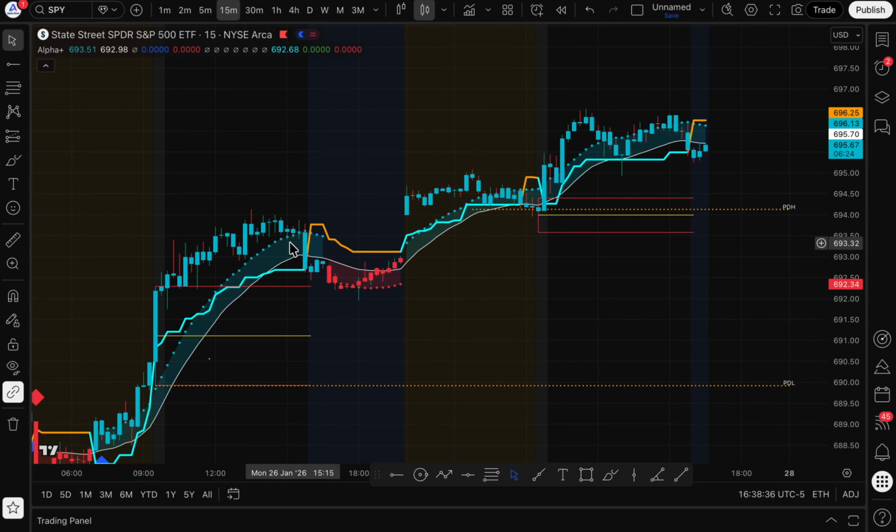I went over my strategy that I look for every single day. If I don't see that strategy, I usually don't take a trade. This is the first time I've gone into depth on what I do every single day. I've kind of told people what I do and showed a couple examples, but since that recording didn't work, I've got to make another video. So let's get to it.